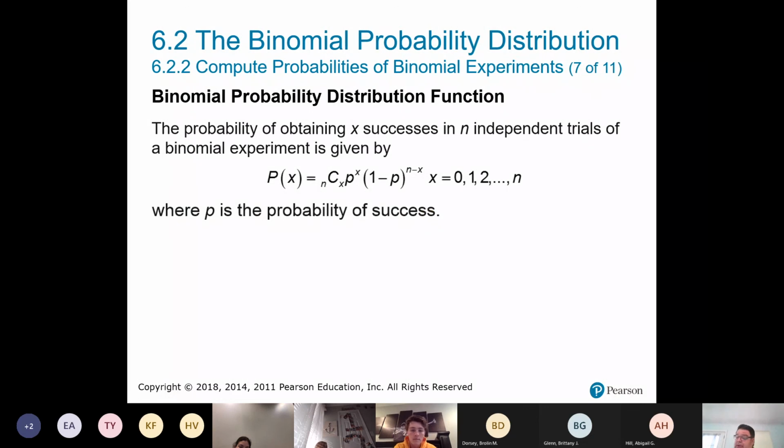The probability of an event happening with a binomial probability is equal to n combination x times p to the x power times q to the n minus x power. And this is used for positive integers.